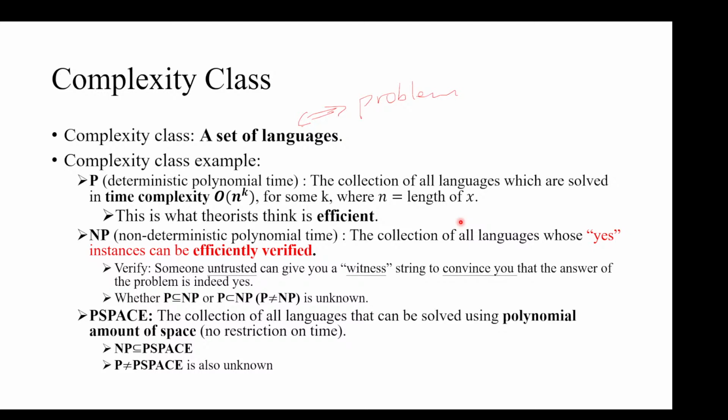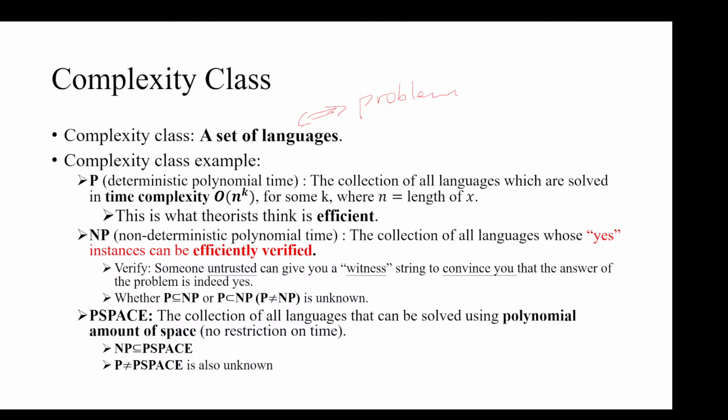If this problem can be solved, or this language which corresponds to a problem, the name is the language can be decided in this time, which roughly means that the problem corresponding to a language can be solved in this time.